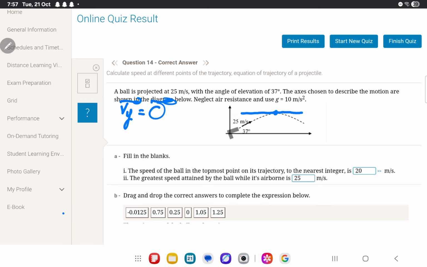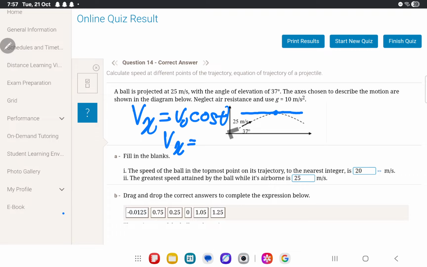Vx is constant, always V0 cosine theta. So Vx is V0, which is 25, times cosine 37. That's 19.96, which you round to 20 meters per second. This is the greatest velocity, because it was at the topmost point.